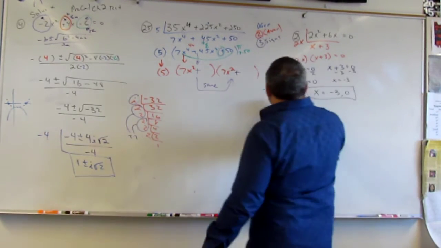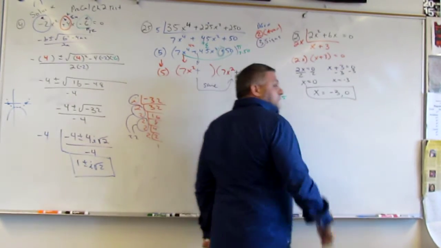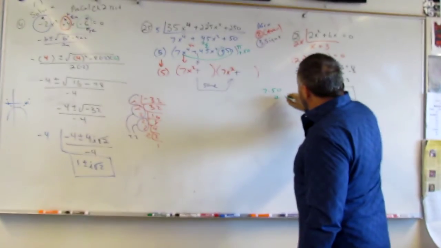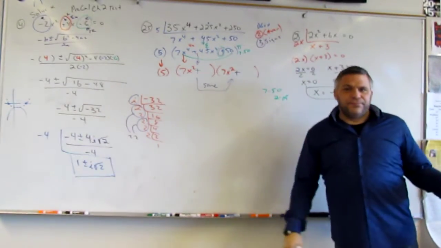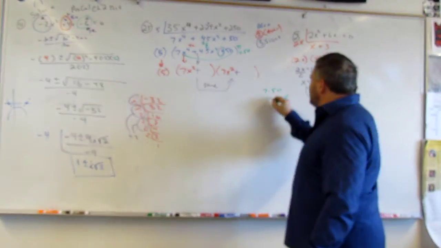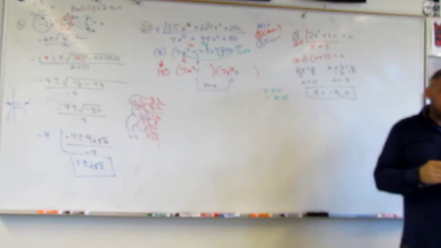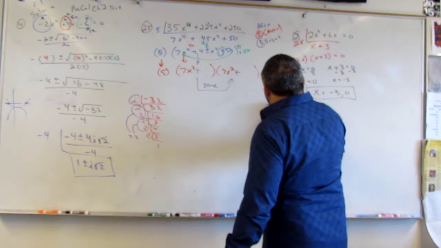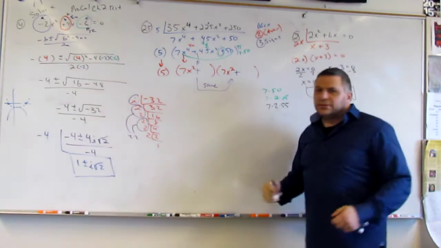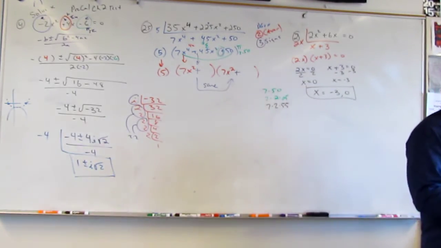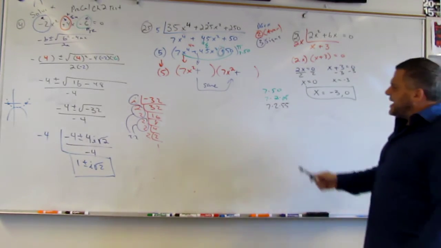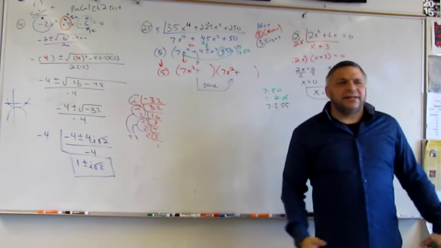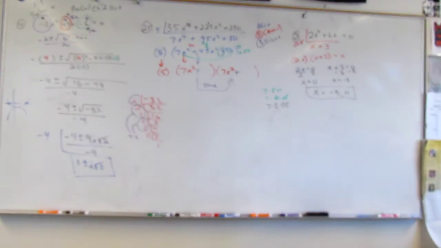Isn't that 2 times 25? Right? So that would be 7 times 2 times 25. Well, wouldn't that just be 7 times 2 times 5 times 5? Right? And so we broke it down. Now we got to rearrange those numbers so that when we add the numbers, we get 45.